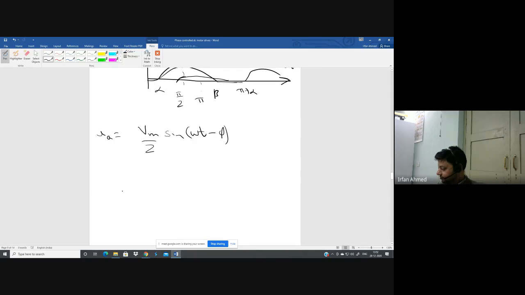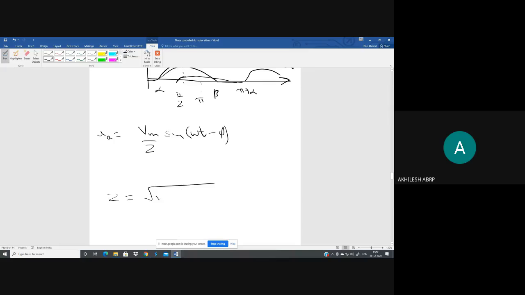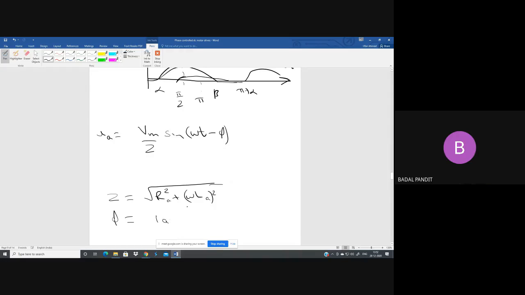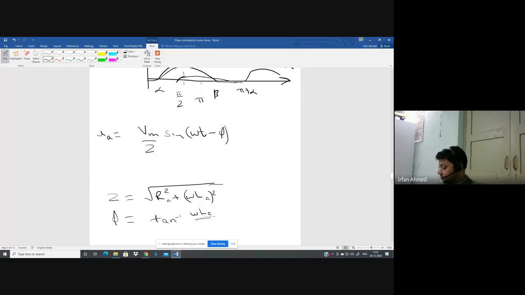What is Z? Z is the square root of RA squared plus omega LA whole squared. What is phi? Phi is tan inverse of omega LA upon RA.